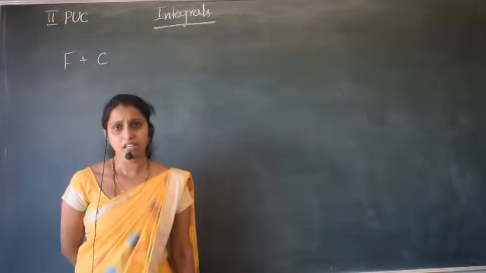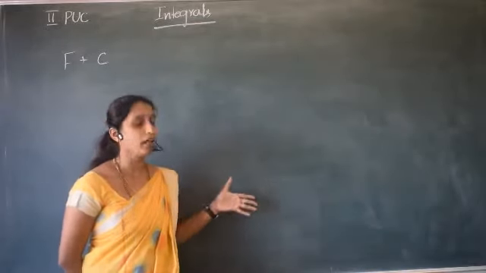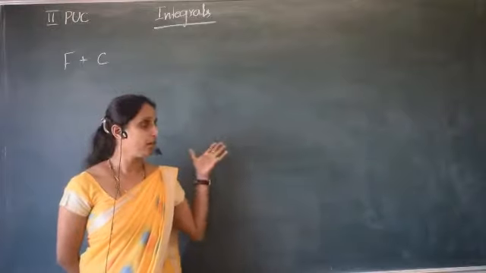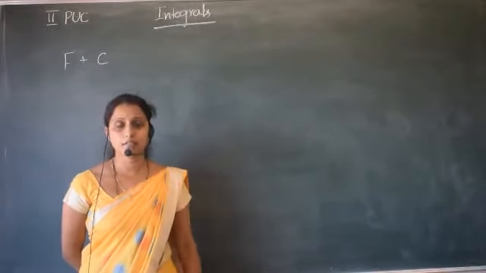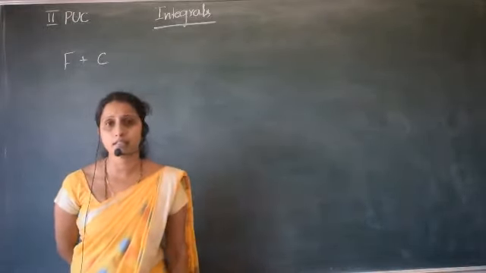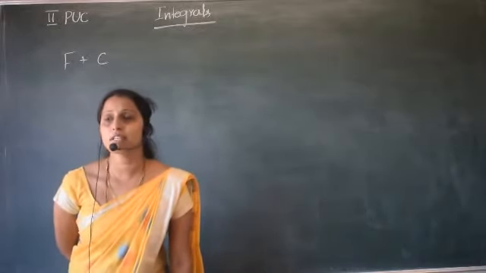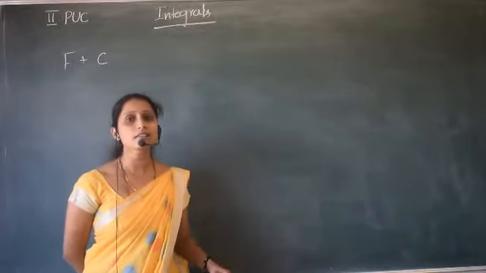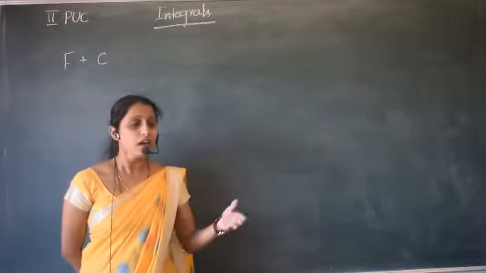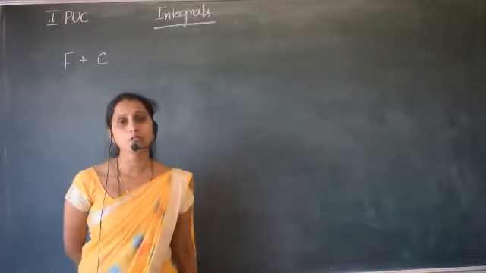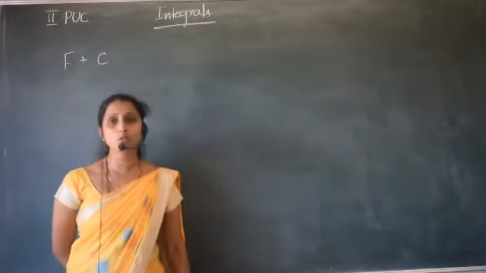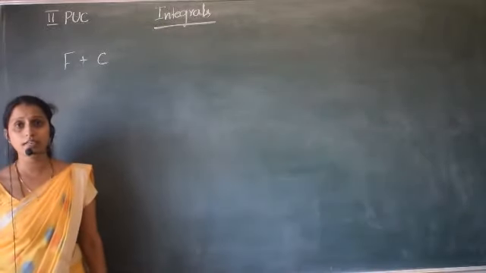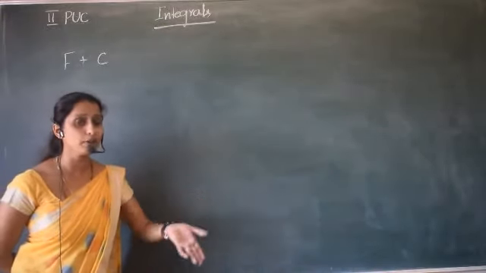And now we have calculated the antiderivative with respect to x, that means all the variables we have taken as x. If it is given as y or some other variable, the method is the same, only we have to write the corresponding value. If it is given x square dx, we find the antiderivative with respect to x.